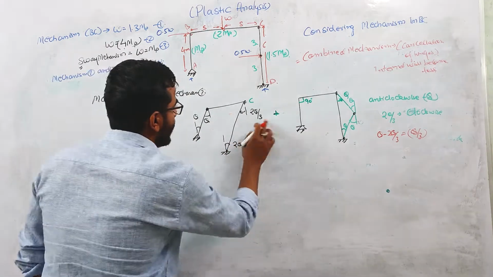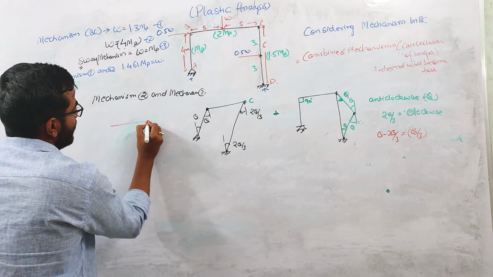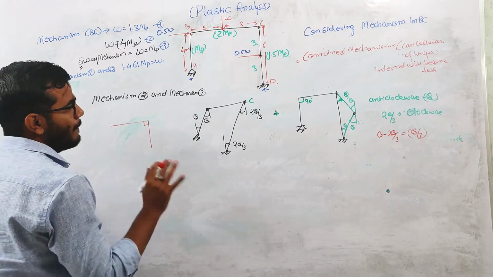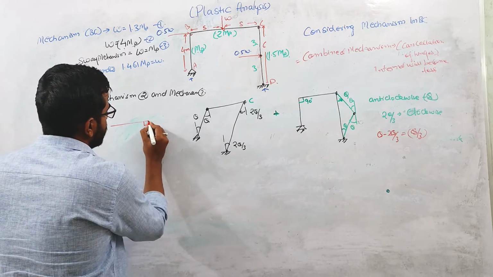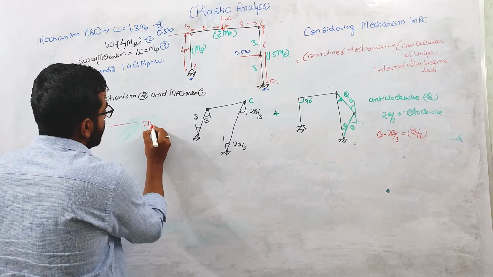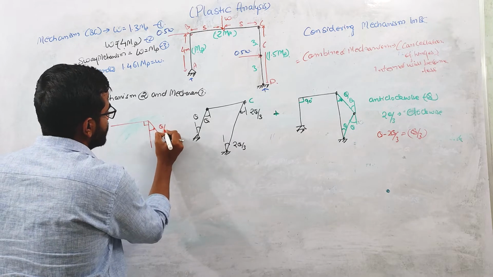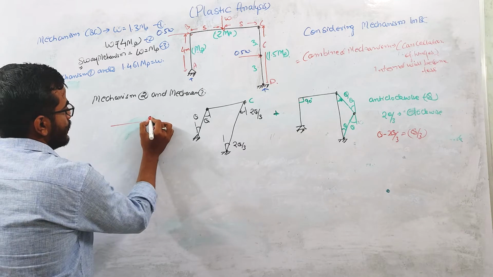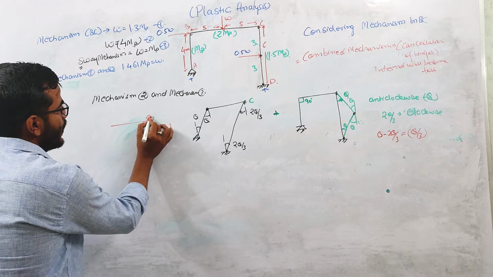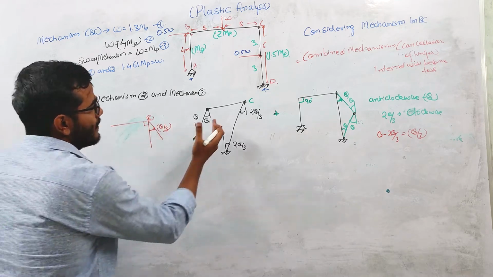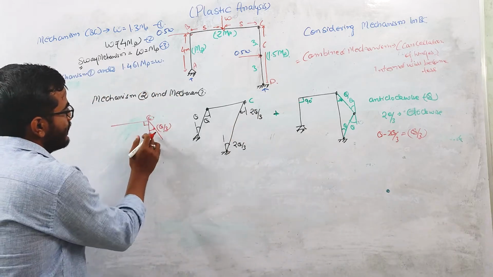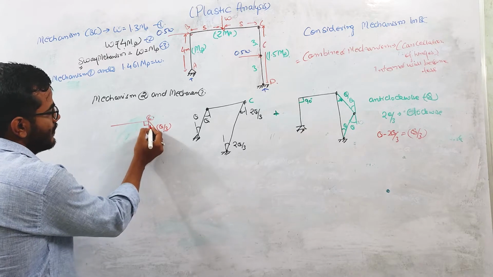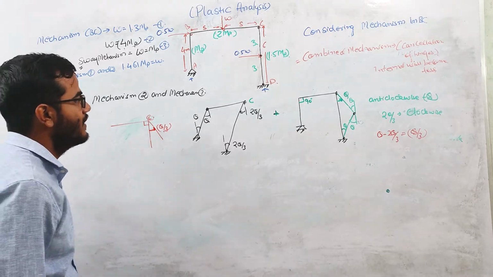Initially the angle between the members is 90 degrees, and if you combine these two things, it should look like this. So this will be the rotation, theta by 3. This is the final situation of the point C when you combine these two mechanisms. At this point there is a rotation of theta by 3 from this vertical axis to this member.